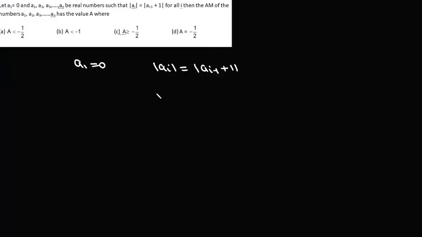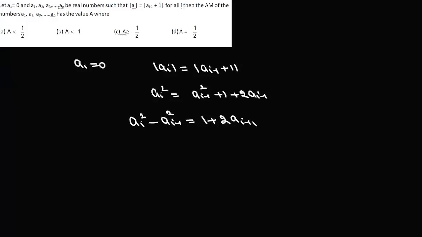Now we square these, we can write Ai square will be equal to A(i minus 1) square plus 1 plus 2 A(i minus 1), or we can write Ai square minus A(i minus 1) square is equal to 1 plus 2 A(i minus 1).